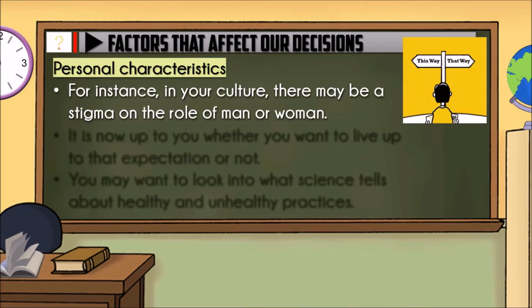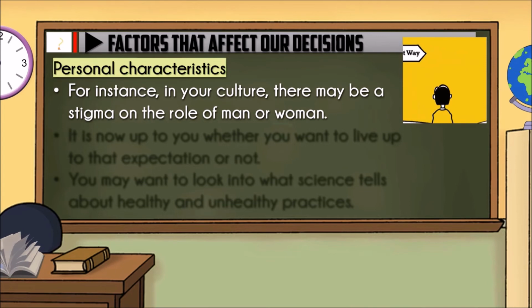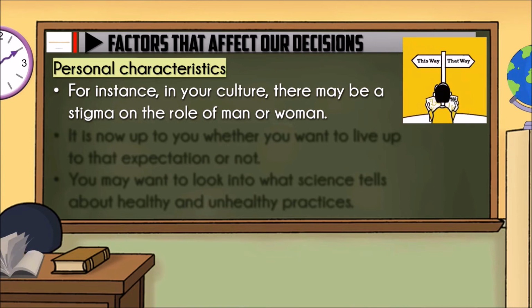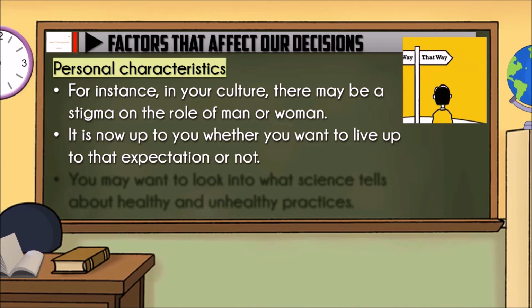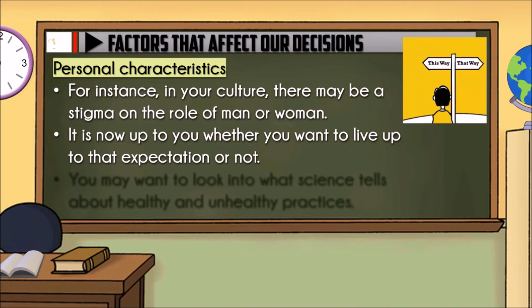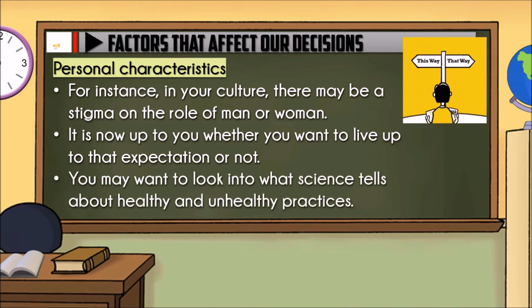For instance, in your culture, there may be a stigma on the role of man or woman. It is now up to you whether you want to live up to that expectation or not. You may want to look into what science tells about healthy and unhealthy practices.